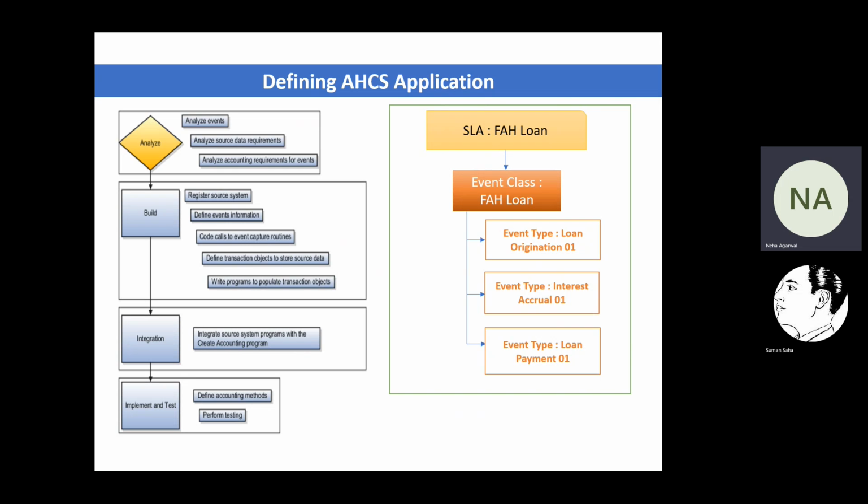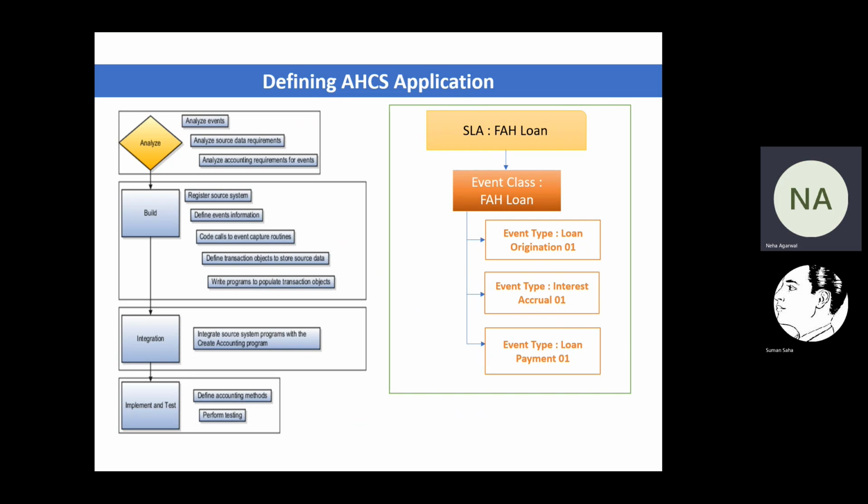The create accounting rules that we configure indicate how each of the accounting events is to be accounted. We group these rules together and assign them to our ledgers to create a complete definition of the accounting treatment for the transactions and activities from the source system.